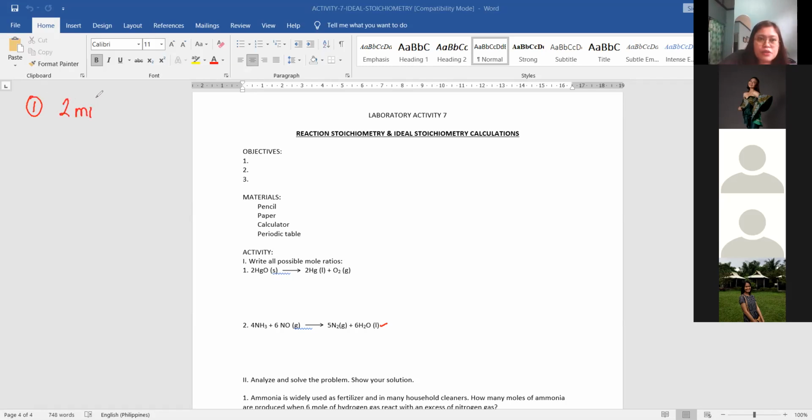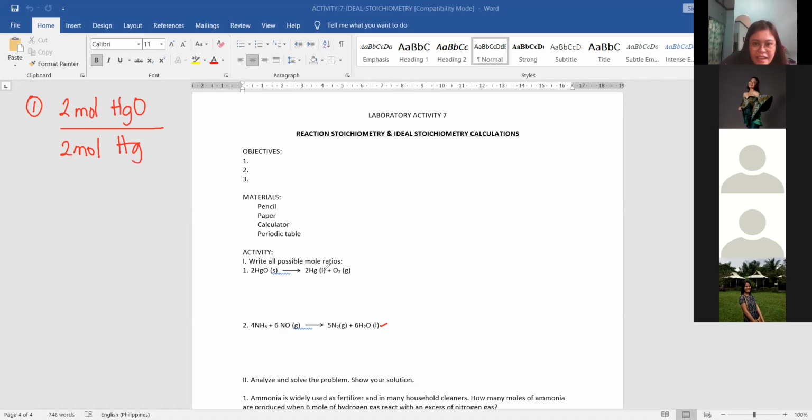So 2 moles, do not forget moles ha. So 2 moles of mercuric oxide. Parang may problem yung iba sa internet connection. Palagi silang nadi-disconnect. Okay, so 2 moles of mercuric oxide will yield 2 moles of your mercury.